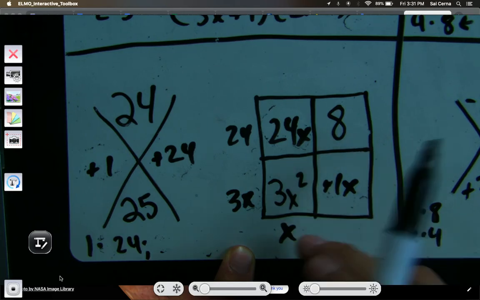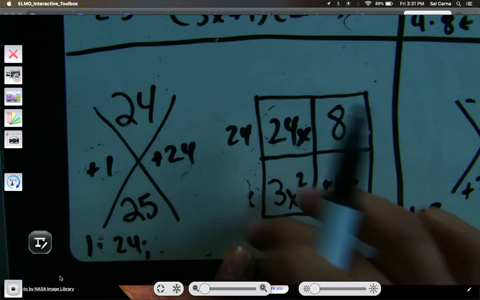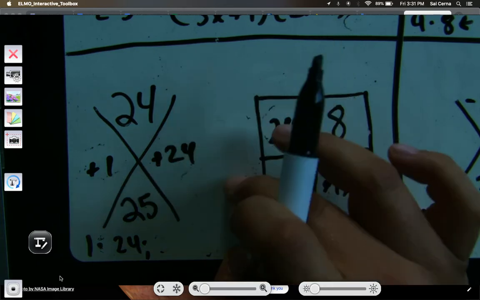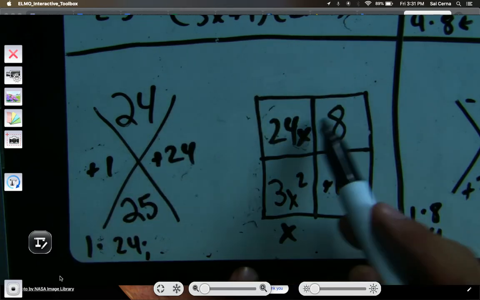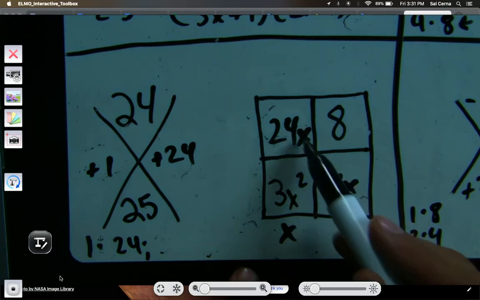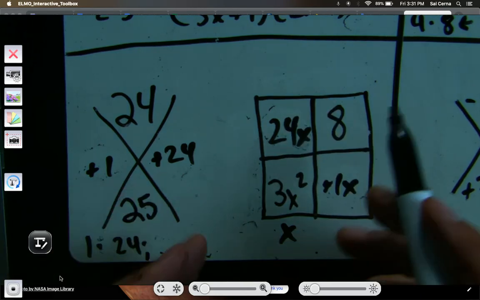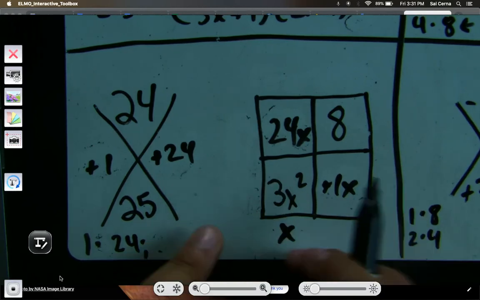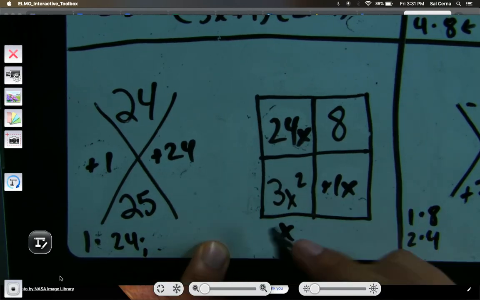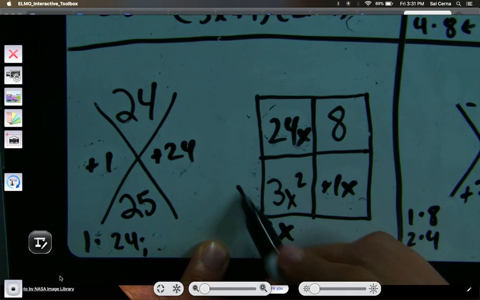So that means I have to switch these guys around. And that's what I meant by it doesn't matter where you put your other two terms, your area model will correct you and guide you to your answer. So then this has to be 3x squared. This would be x.